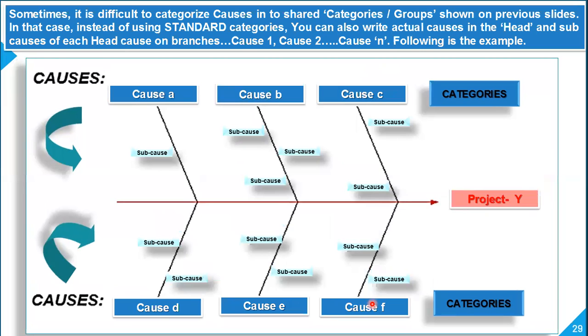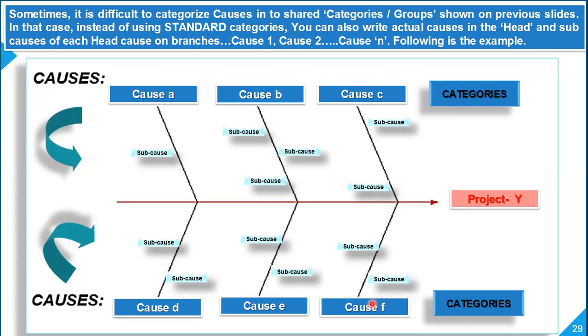Now, sometimes it is difficult to categorize causes into the given categories or groups shown on the previous slides, both for manufacturing and IT industry, or for that matter, any industry. It is really difficult to decide whether a cause is supposed to be man related, material related, or, in the IT industry, coding related, QA related, or client related.